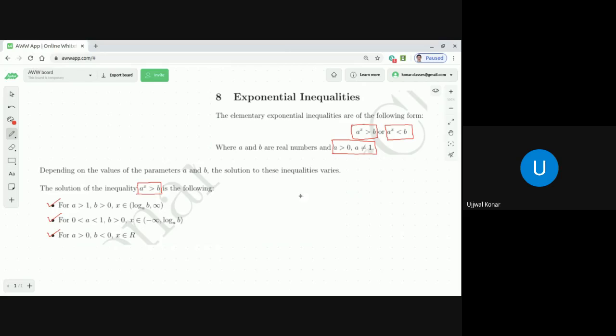Now, this solution gets almost inverted when we discuss the solution to the inequation a power x less than b. Now let us see what is the solution for the inequation a power x less than b.